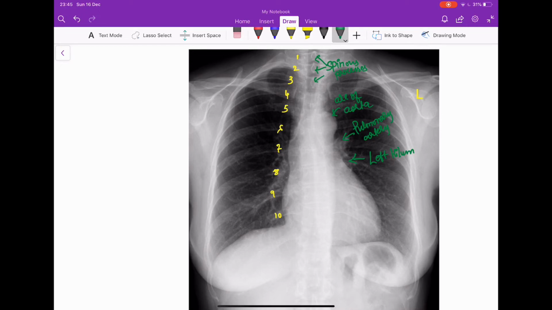Also revise the two angles which should be present in the normal chest X-ray. Number one being the costophrenic angle, and number two the cardiophrenic angle.